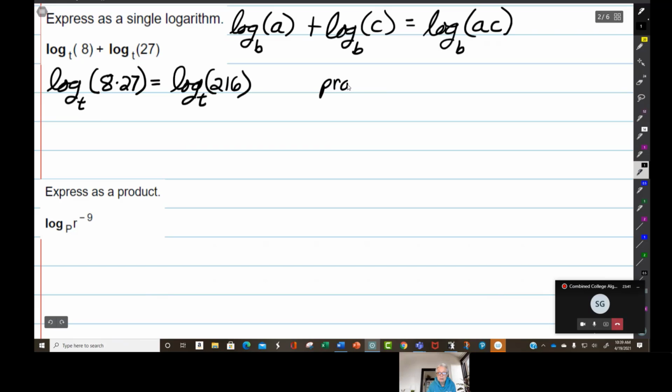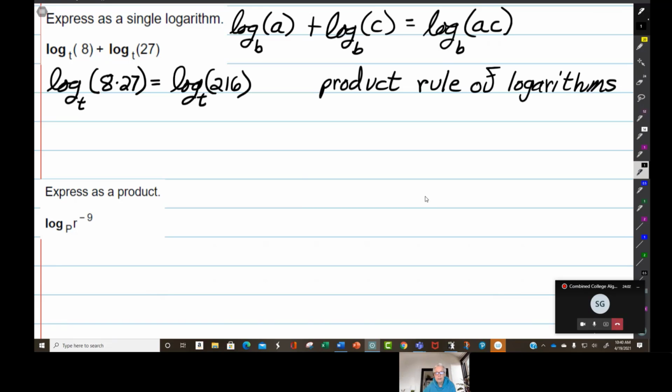Product rule. Product rule of logarithms.